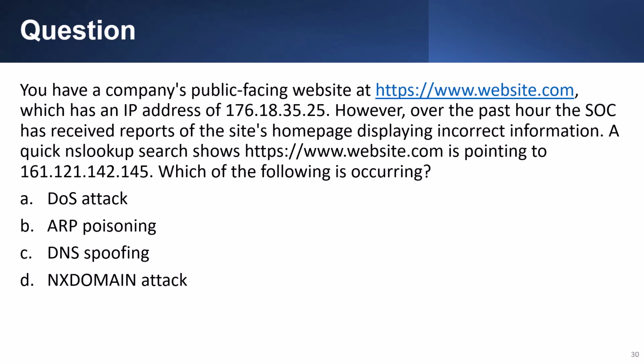A quick NS lookup search shows https://www.website.com is pointing to 161.121.142.145. Which of the following is occurring? Answer: DNS spoofing.